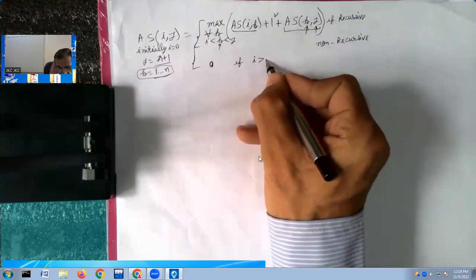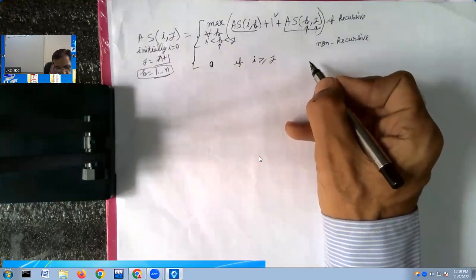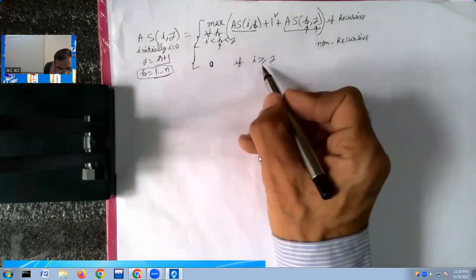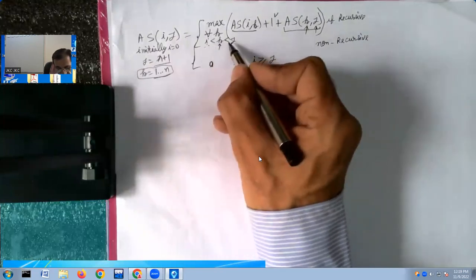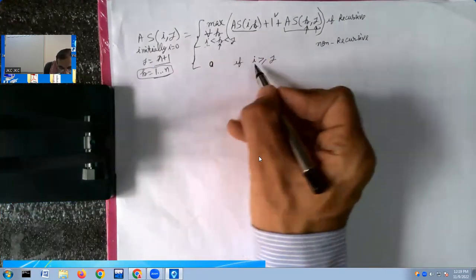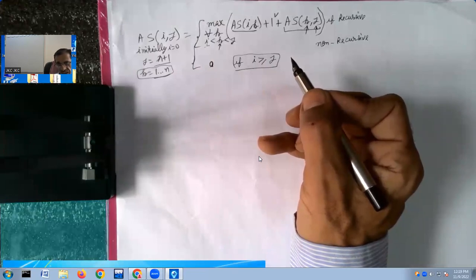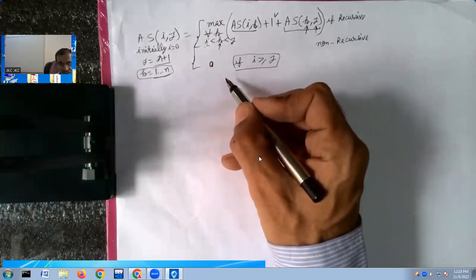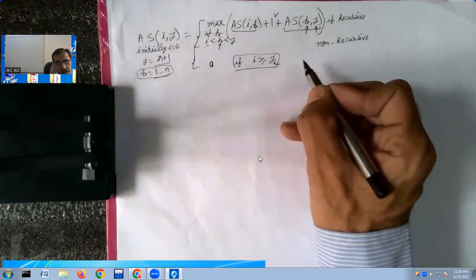So if I is greater than or equal to J, it means I have reached a situation where you have only one activity left or zero activities left, and one activity left also means that activity has already been selected for sure. If I am only talking of either A0 or A1 or, let's say, A6, if a call comes to A6 to 6, that means A6 has already been selected and its compatibility is being considered, so A6 is already over.